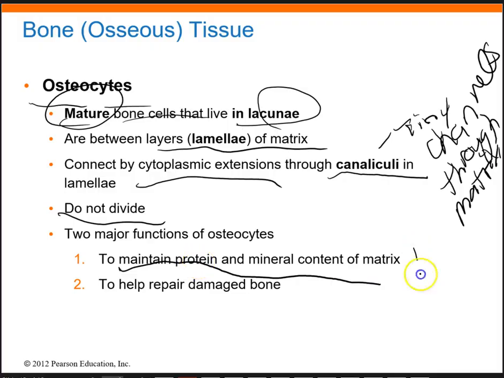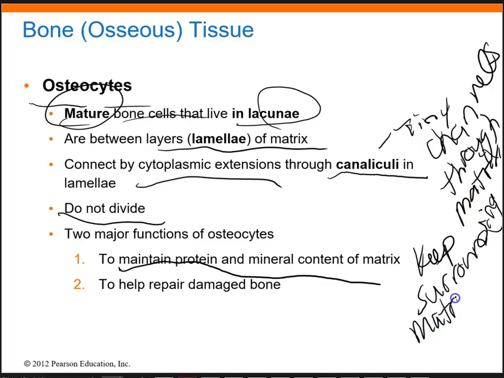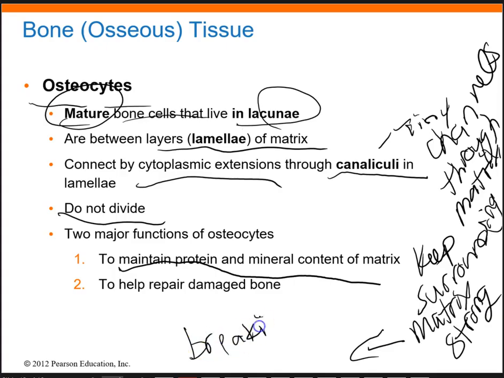In other words, just to keep the surrounding matrix strong. And I already mentioned the way that it does this, right? It does this by breaking down, then building the bone.